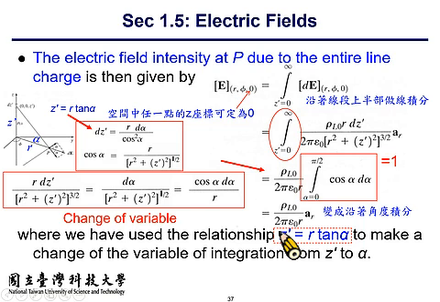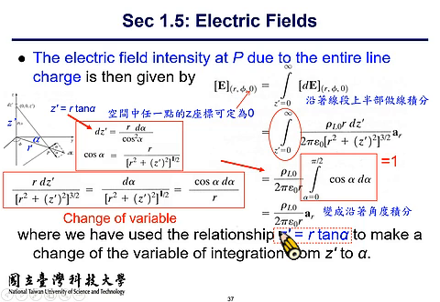So let's discuss a little bit about the result. We have an infinitely long line source with a uniform line charge density, which is rho sub L0.